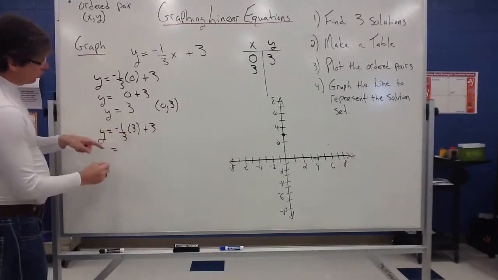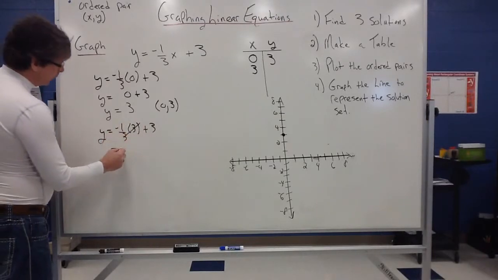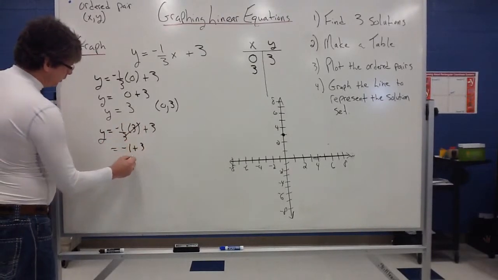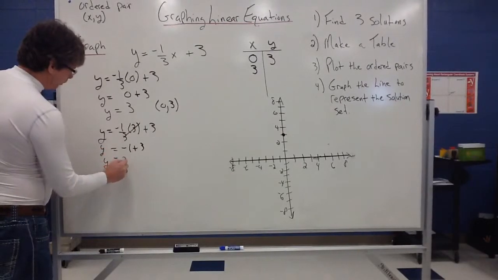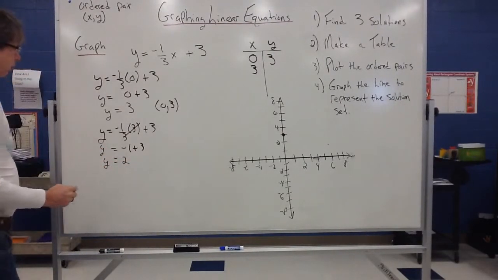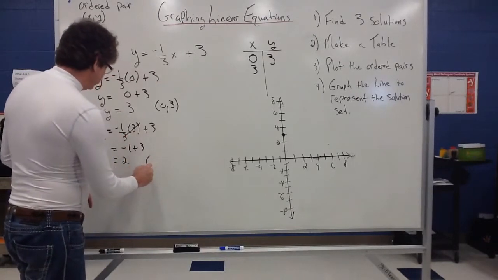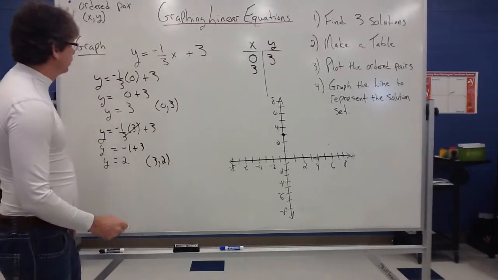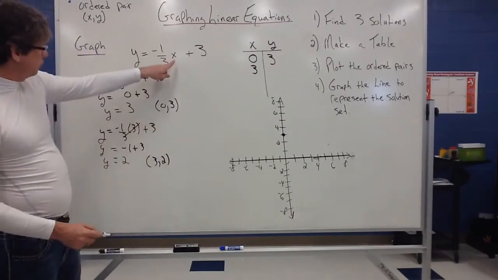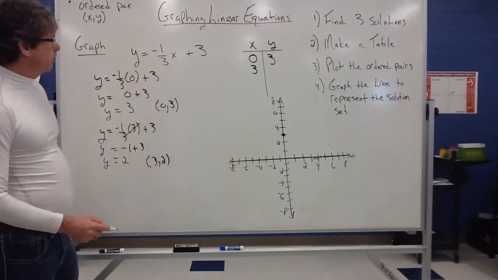This 3 is going to go into 3 one time, so those divide out. I end up with negative 1 plus 3, and therefore y equals 2. So if I pick x to be 3, the corresponding y value is going to be 2. So (3, 2) would be a solution to this equation. If I put 3 in for x and 2 in for y, that should be a true statement.